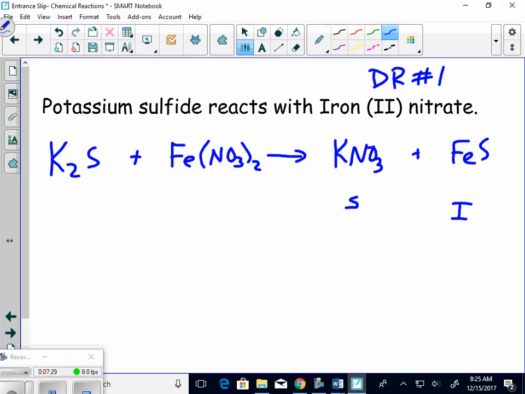So will this reaction occur? One is aqueous, one is insoluble. Yes, it will occur. Now, people miss this on their double replacement half sheet also. I drew it in when I was grading these. You have to write which one is a down arrow or a solid and which one is aqueous.